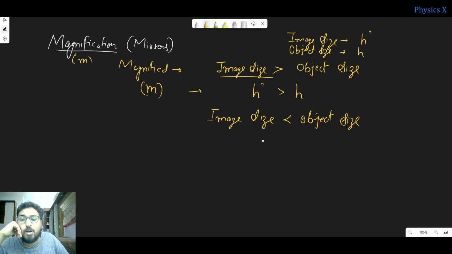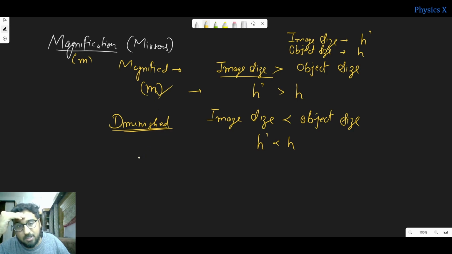then we call it what? h dash is less than h. That means this is the diminished case, or unmagnified or non-magnified case. Here magnification is occurring, here magnification is not occurring. So see this: if I take this h on the denominator side, what will it become?